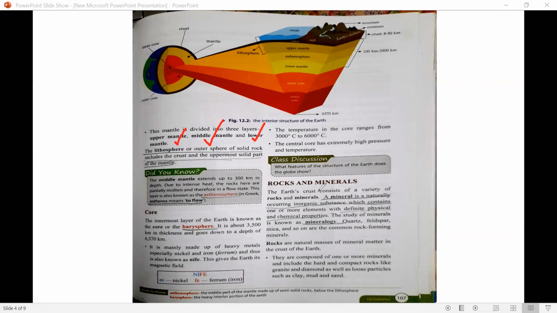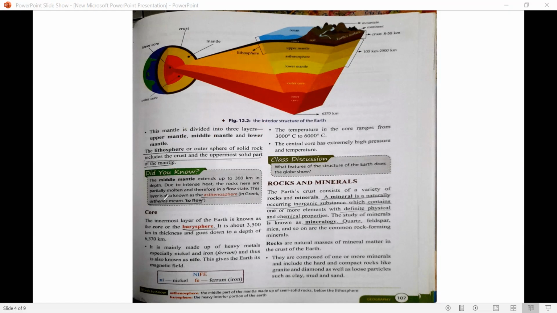The lithosphere, or the outer sphere of solid rock, includes the crust and the uppermost layer of the mantle. The solid uppermost part of the mantle is a little bit cool for the earth. These layers come in the lithosphere. So now we have learned what the mantle is.